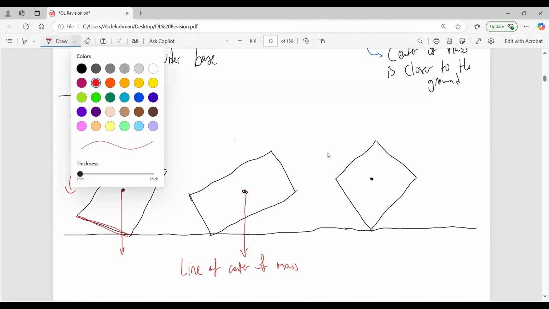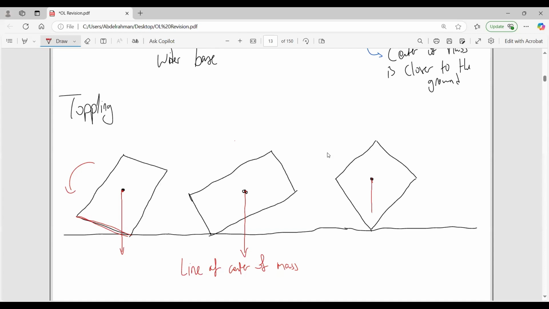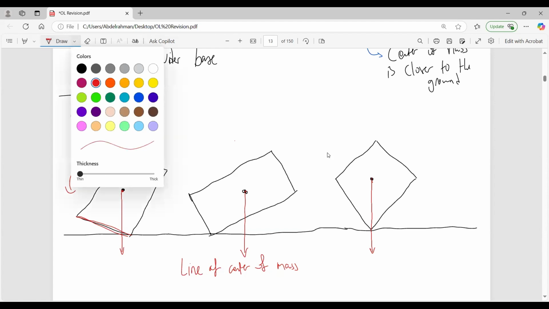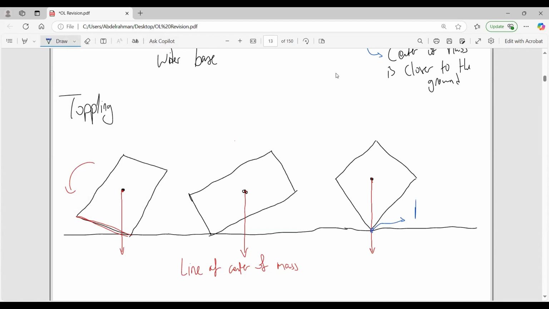If I draw the line of center of mass, it doesn't cross either base. Actually, the line of center of mass is exactly above this point. And this is a very critical point. Why? Because this is the pivot. So if the line of center of mass is exactly above the pivot, what happens, guys?